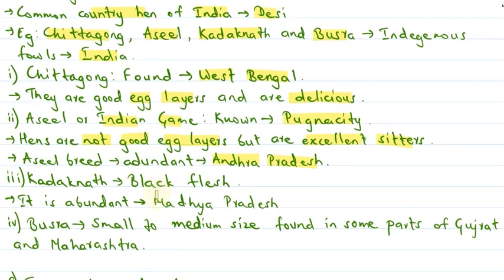Okay, so it has black flesh. It is abundantly found in Madhya Pradesh, and they are bred by the tribals, and the eggs are light brown in color. The adult plumage varies from silver and golden spangled to bluish black, and the comb, wattles, and tongue are purple in color.